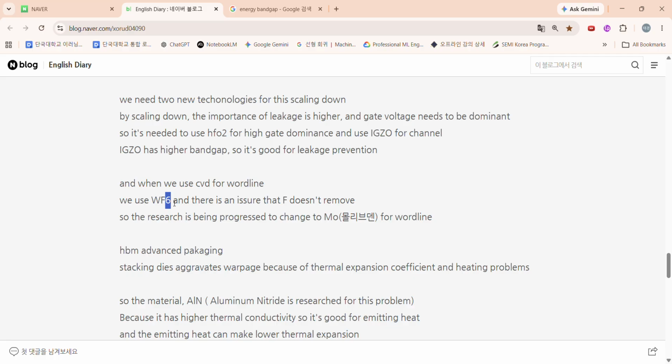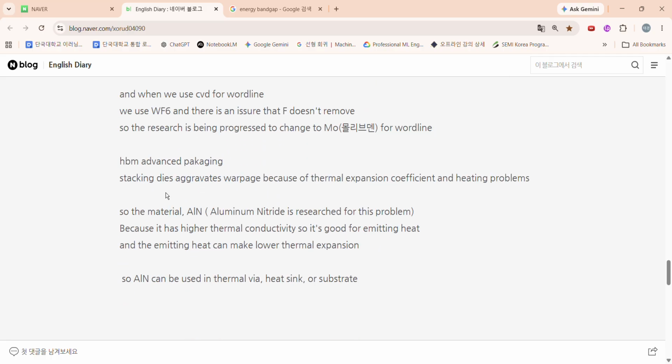It remains, so it can be a contamination. So it's the issue. But the specialist in ATOM said it's the reason why we use molybdenum for wiring.